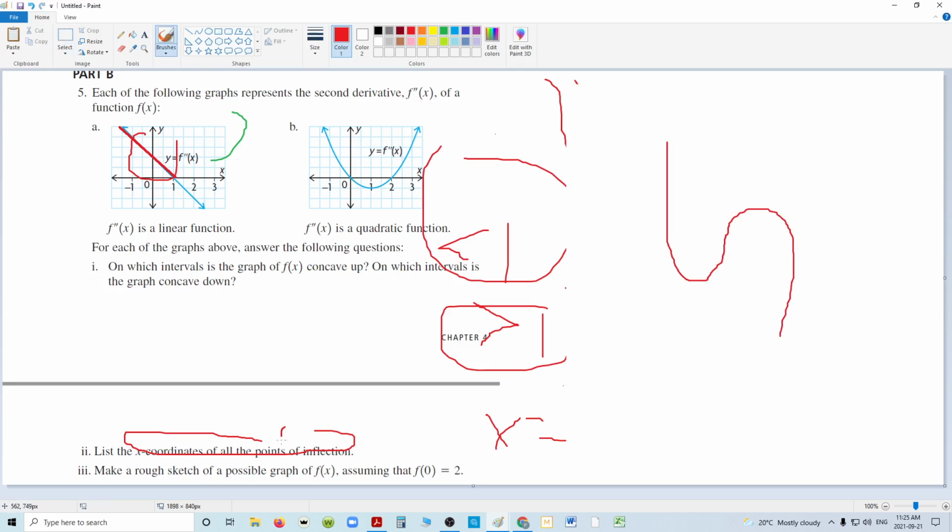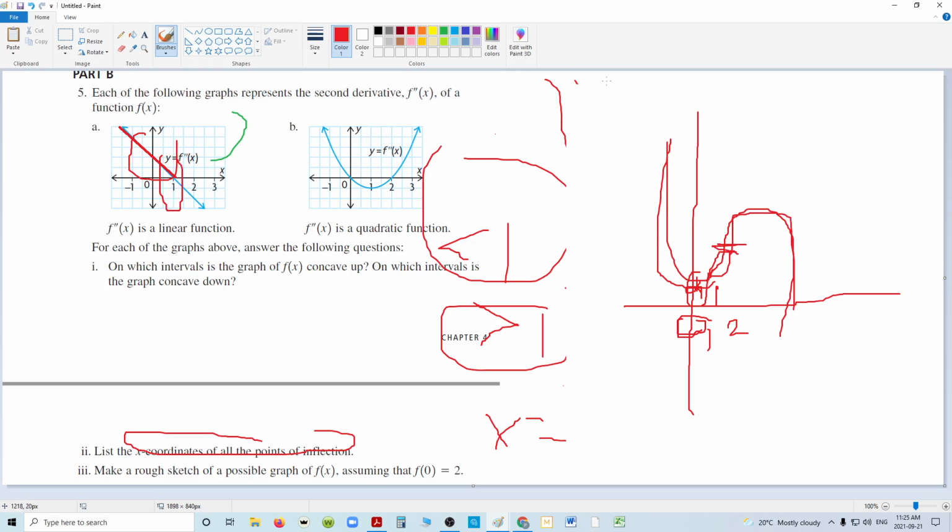Now it goes on to say, make a rough sketch if f of 0 is 2, which means this here is going to be (0, 2). So when x is 0, it's going through the y-axis at 2. So it's roughly going to look like that. It's going to come down, go through the y-axis here, and because the inflection point is at 1, which we've determined here, it's only going to start turning around and becoming concave down at this point onwards, which I'll draw in green.